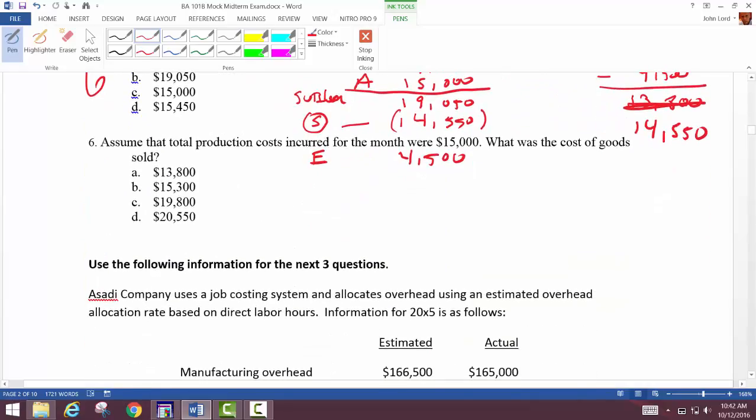So maybe the thing that was tricky about that one is this: assume the total production costs were 15,000, and you had trouble realizing that that meant that we're talking about what? We're talking about the direct labor, direct materials, and manufacturing overhead, and maybe you had that problem with that one because they already made you calculate the direct materials. So you're like, huh, what is this 15,000? Okay, if that's the case, the takeaway from this question is what?